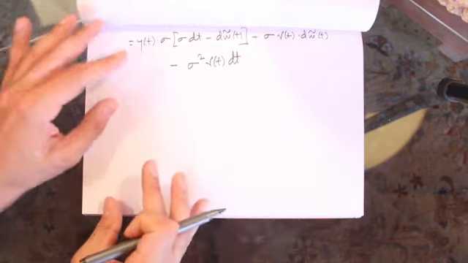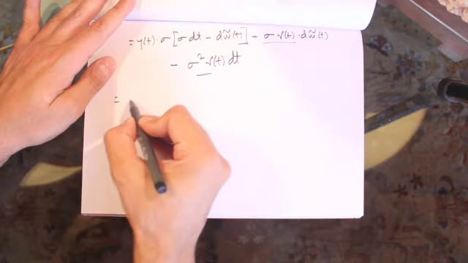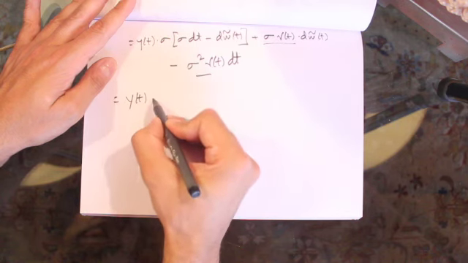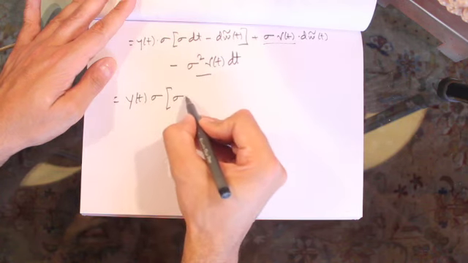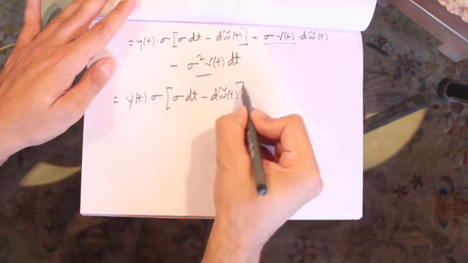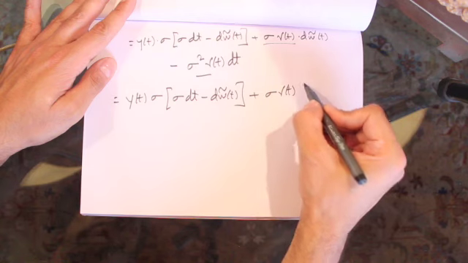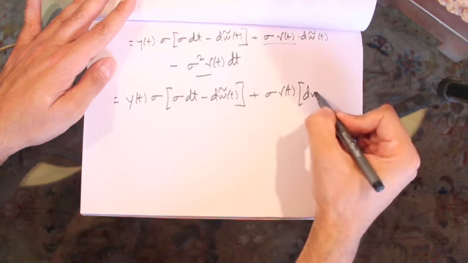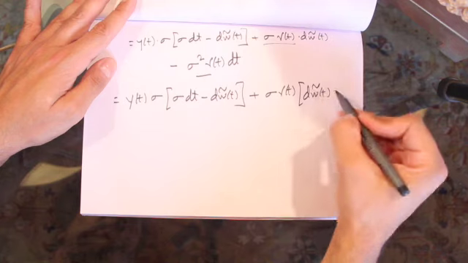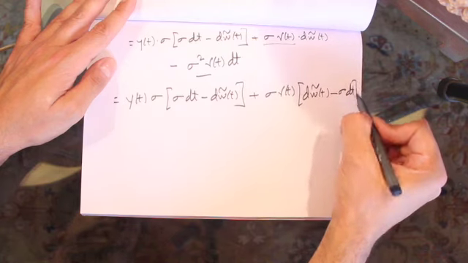Now what I can do is combine these terms. This is y of t sigma times sigma dt minus dW tilde t. And if I take sigma gamma t outside the brackets, I'll get dW tilde t minus sigma dt.